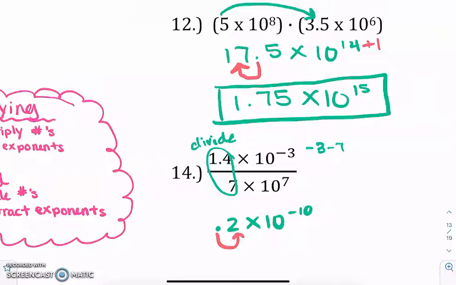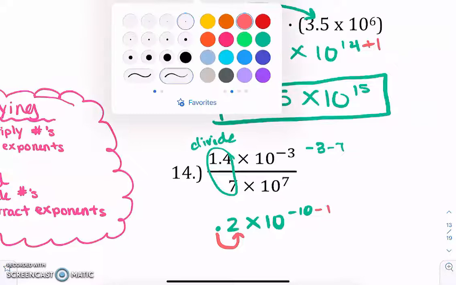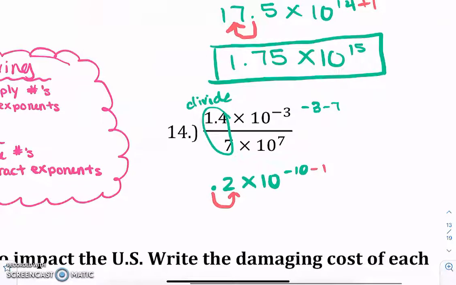So just like up here, when you move it, you have to adjust that exponent. You have to do the same down here, but we moved it the other way. So this number started as something smaller than 1. You want to make the exponent smaller. So we're going to subtract 1 from this current exponent. So this will now become 2.0, or just 2. You could write just 2, times 10 to the negative 11.